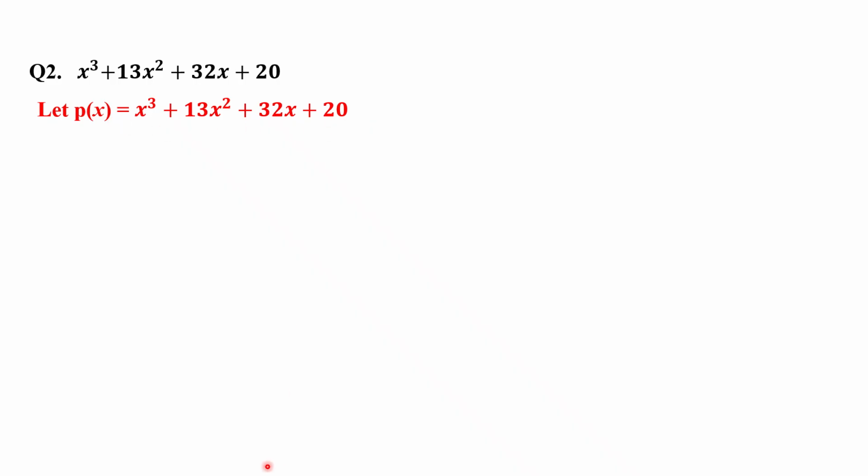So let's put x. Now see here, as all the terms have a plus sign before them, we cannot use x equal to 1, because if you use x equal to 1, it will never become 0. So let's try with x equal to minus 1. When you put x as minus 1, p of minus 1 will give me minus 1 whole cube plus 13 into minus 1 whole square plus 32 into minus 1 plus 20.